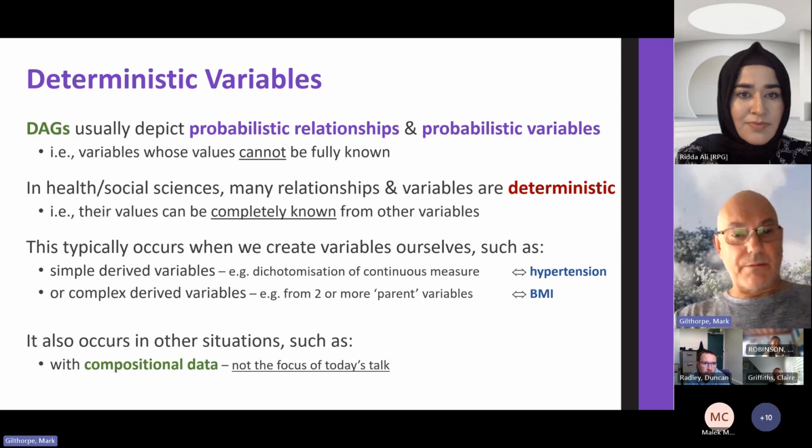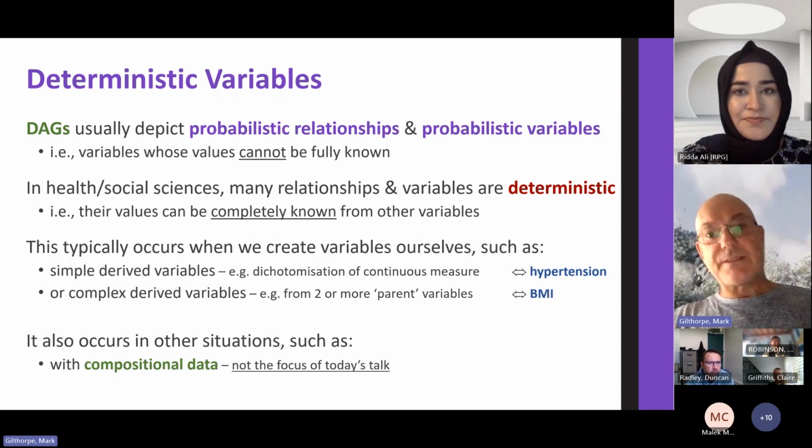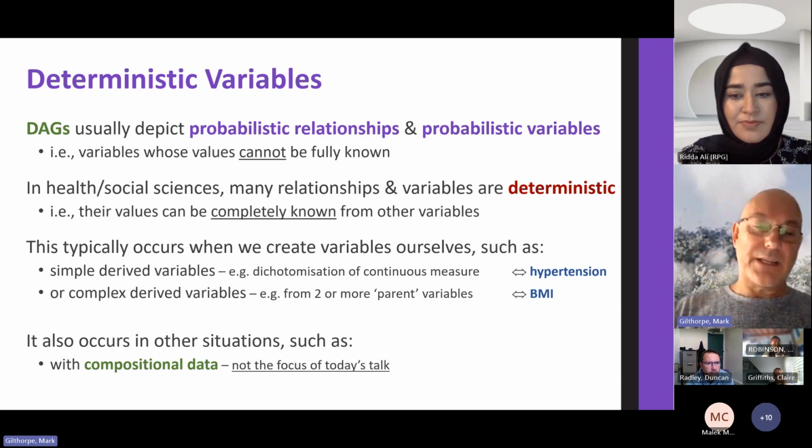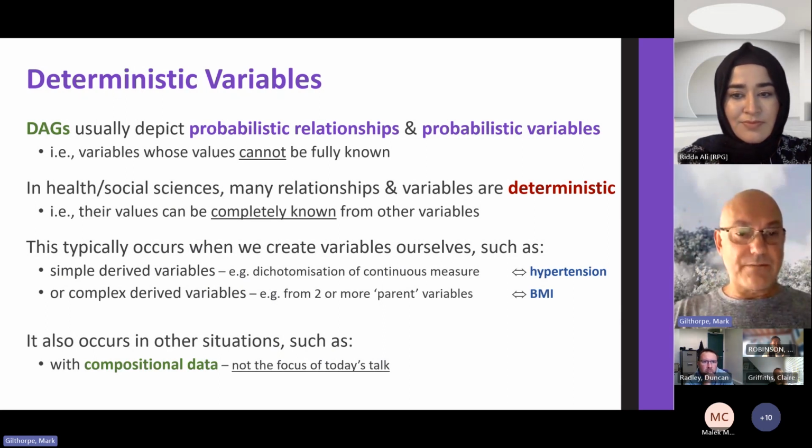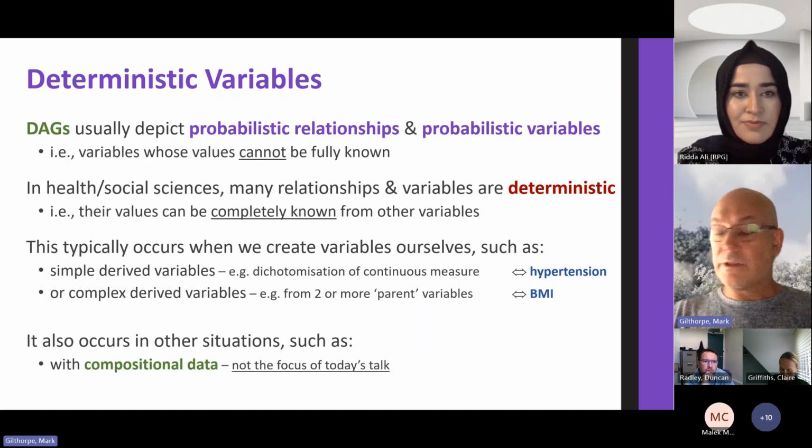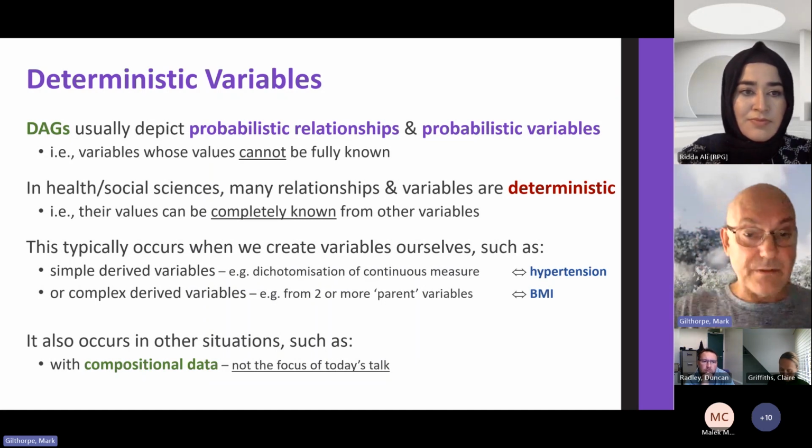Now, that's a different topic, compositional data problems. Even though composite variable bias and compositional data may sound similar, I just want to make it very clear that we're going to deal with composite variables today, which is where we create those variables. And maybe a future talk will address some of the challenges in causal inference for compositional data.